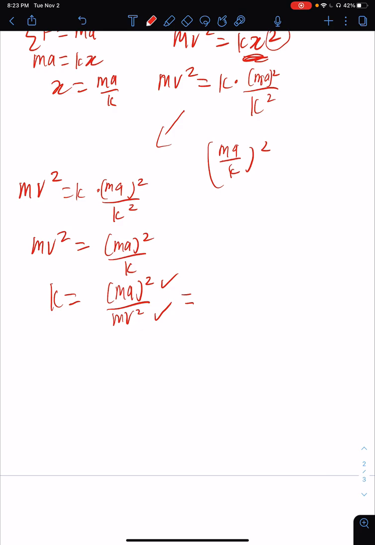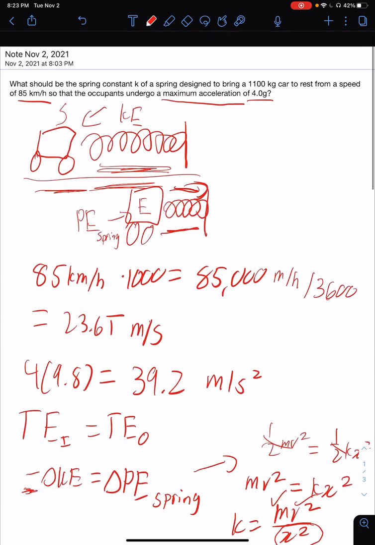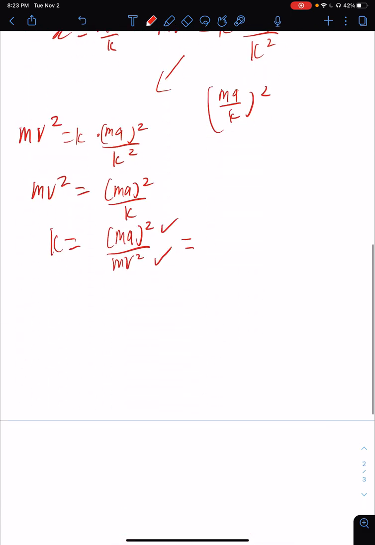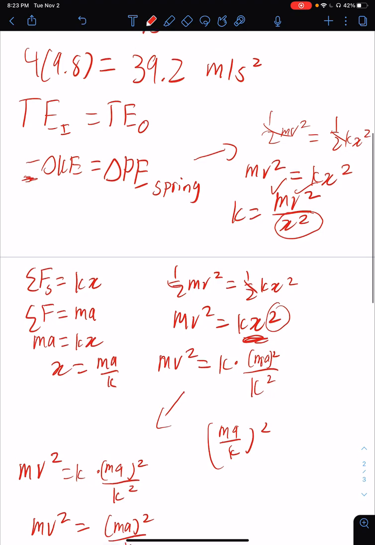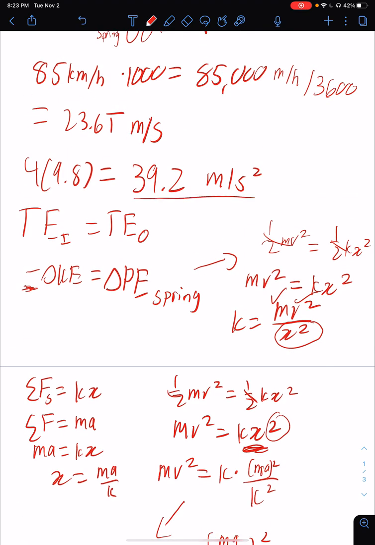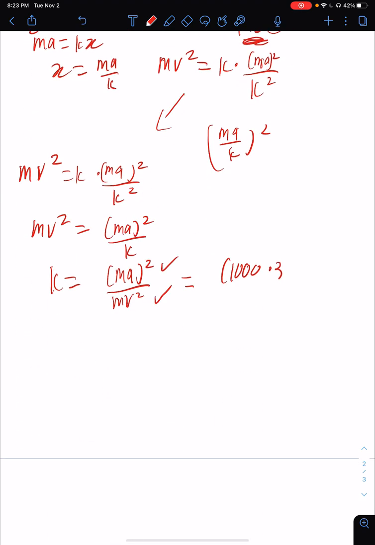We have our mass, which is just 1100 kilograms. So 1100 times our acceleration, which is 39.2 meters per second squared, and this is all going to be squared over mass times velocity squared.